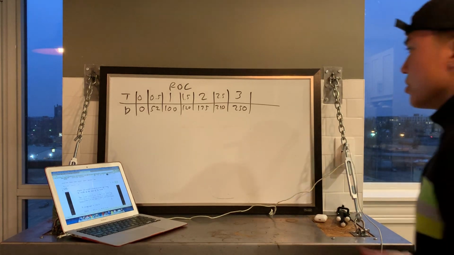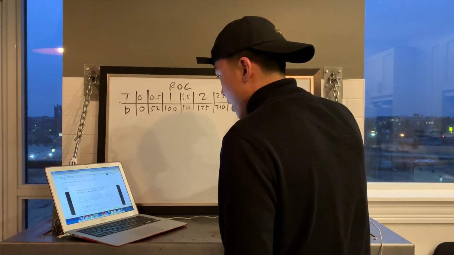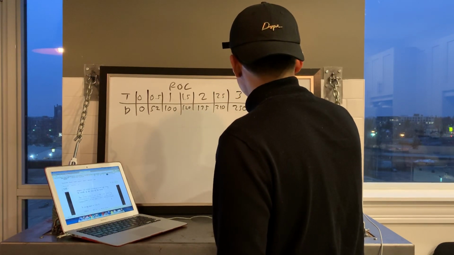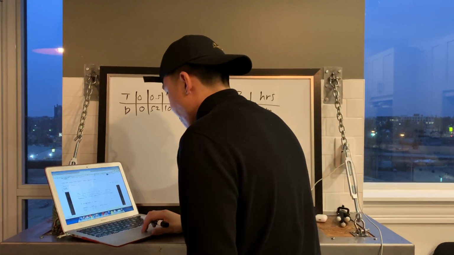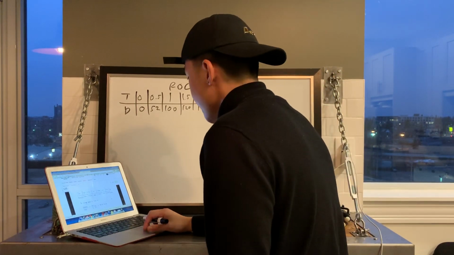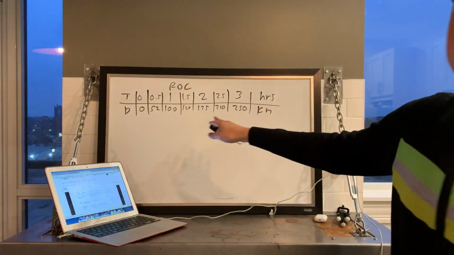That's time in hours, and distance in kilometers. So what's the average speed at 3 hours? Then you just do change in distance over time.